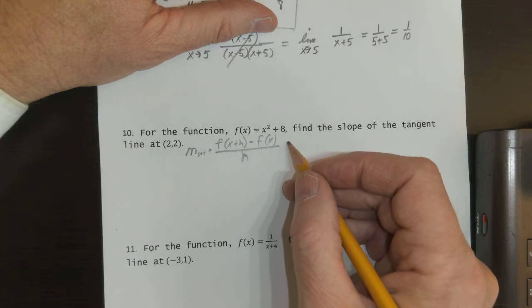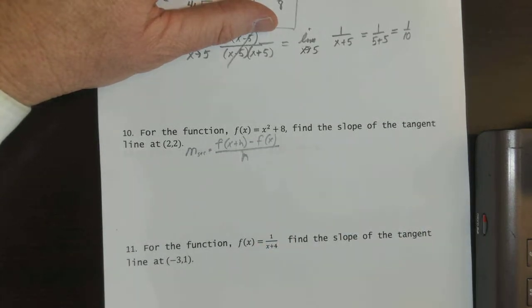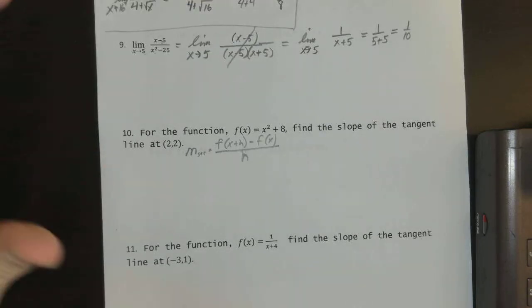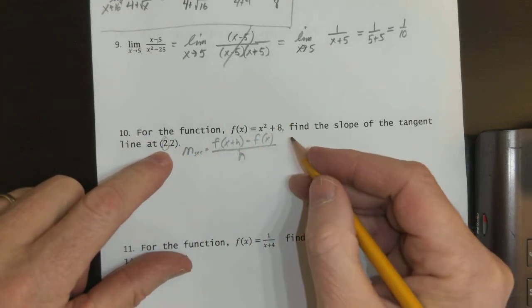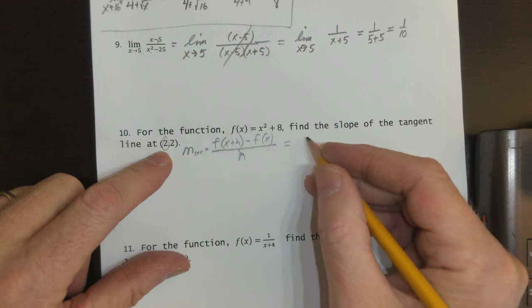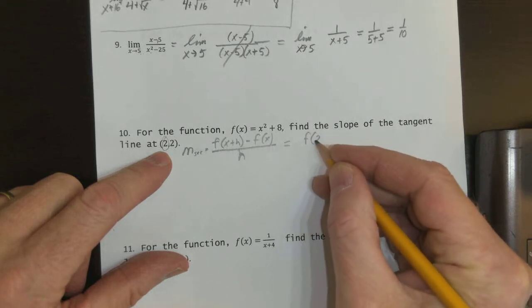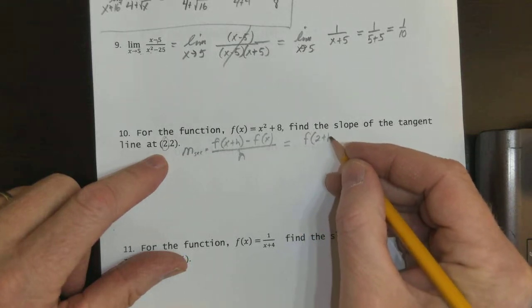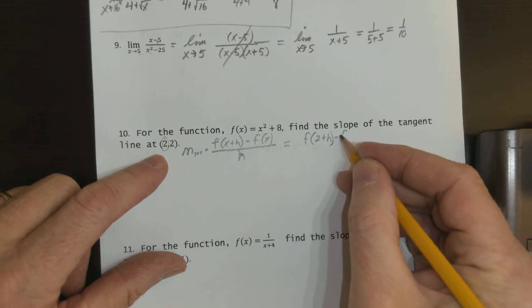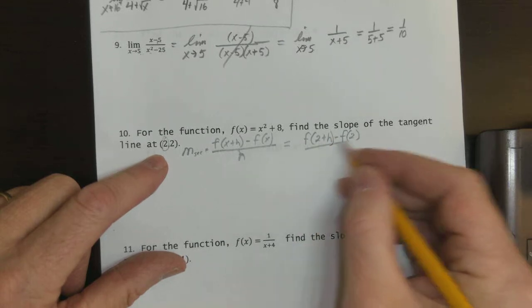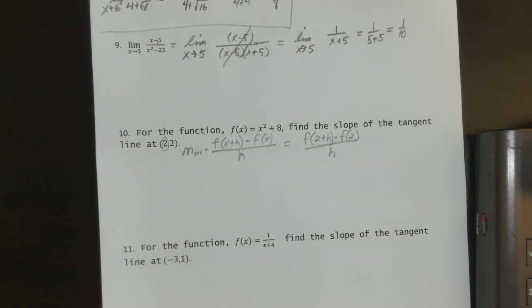So we have, okay, so I'm going to put the x value is 2, so I'm going to take f of 2 plus h minus f of 2 and put that over h.